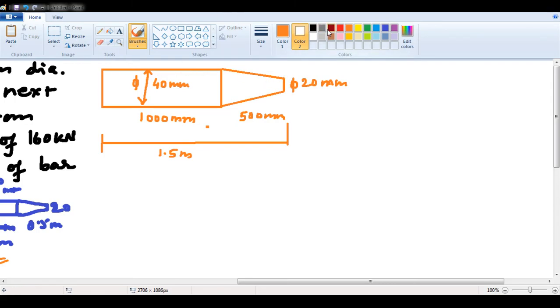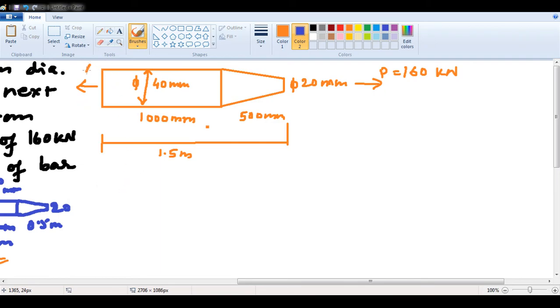Here there is an axial pull. So this axial pull is how much? 160 kilonewton. What is the question asking? The total extension. The question is asking the total extension.